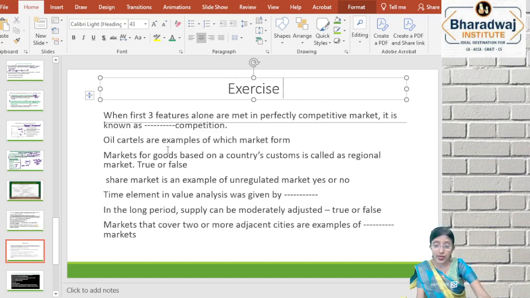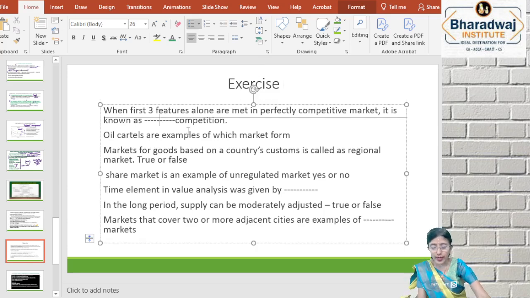When first three features alone are met in a perfectly competitive market, it is known as pure competition. Please remember, out of the 7 or 8 factors coming under perfectly competitive market: large number of buyers and sellers, homogeneous product and uniform price, free entry and exit.